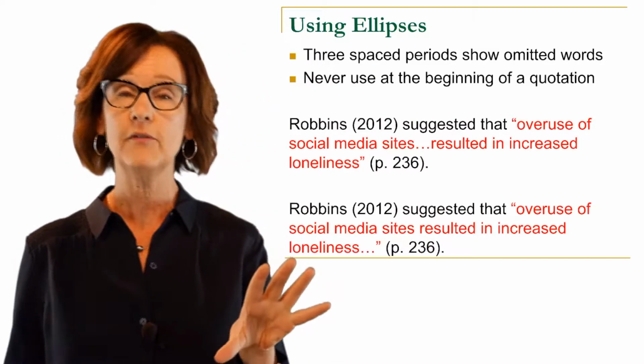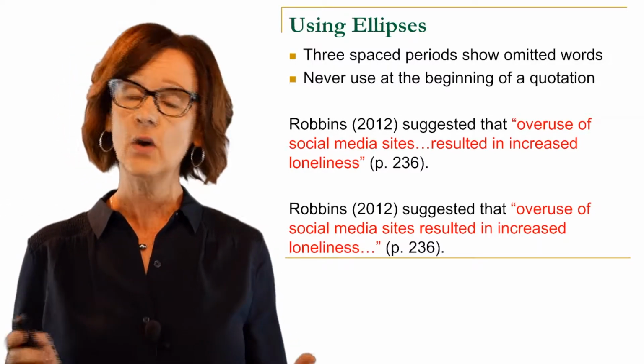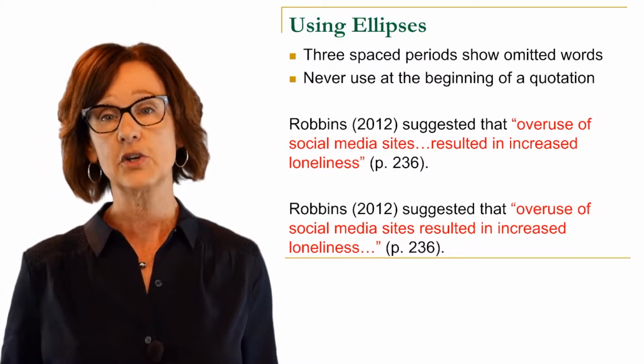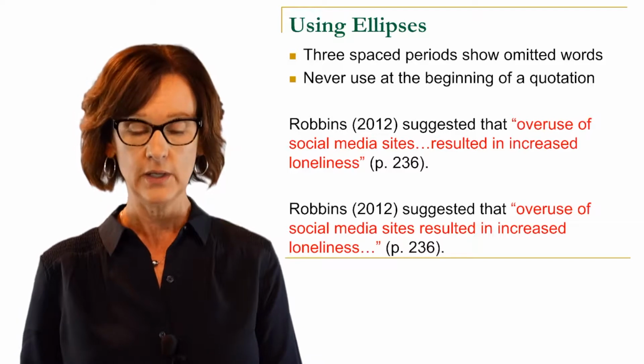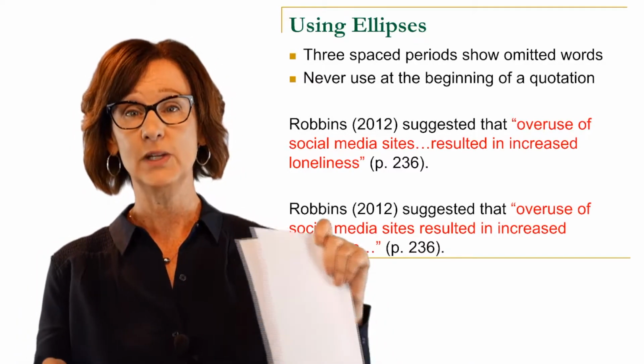You just pick it up wherever you need it, and you use them in the middle or the end. So if you've forgotten about the correct use of those, hopefully that's a refresher, and they're very useful because they allow you to pare down long quotations, so you're using just the part that you really need.